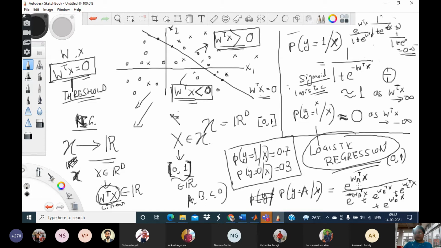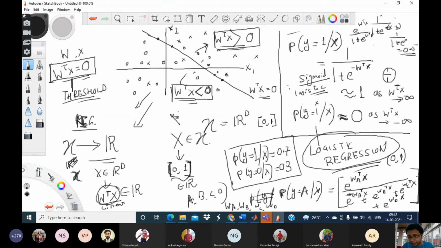Fine. So if there are four classes like this, or k classes, instead of having just a single w, I will actually have four w's: w_a, w_b, w_c and w_d. For each of the classes I have a w vector like this, and the probability for each class can be obtained in this way.